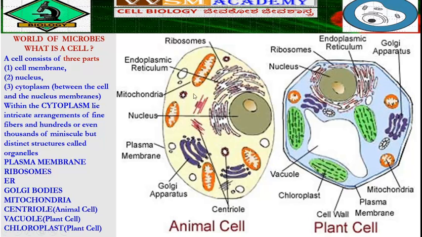These are the plant and animal cells respectively. If you observe the diagrams, they consist of the ribosomes, endoplasmic reticulum, mitochondria, nucleus, plasma membrane, Golgi apparatus, and centriole.